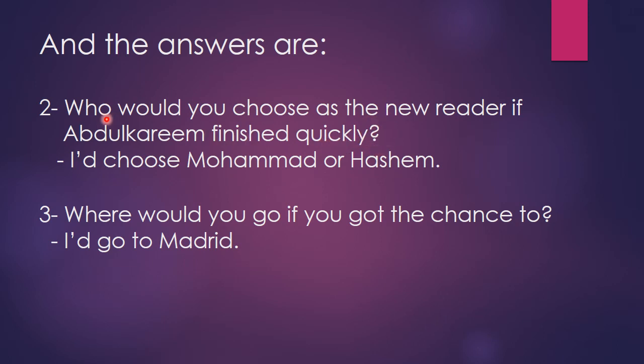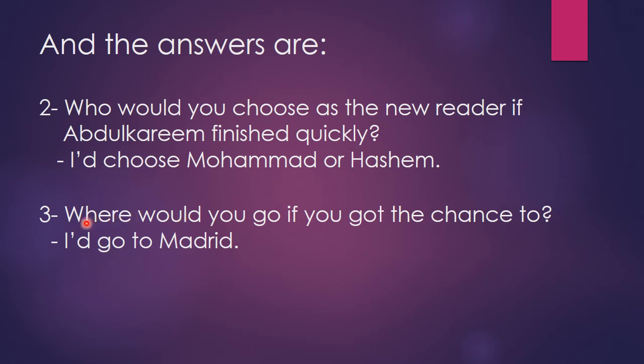So: who would you choose as the new reader if Abdul Karim finished quickly? Okay, so the answer comes as this. Subject, then would: I would choose, infinitive verb, Muhammad or Hashim. So it makes sense now. I followed the form and I have everything put in its place.